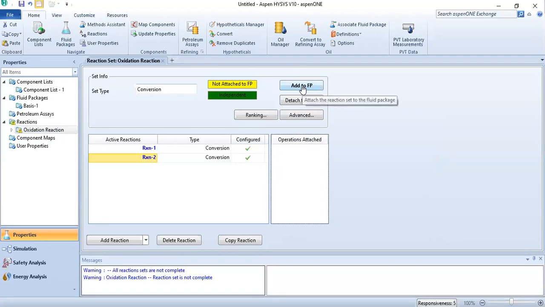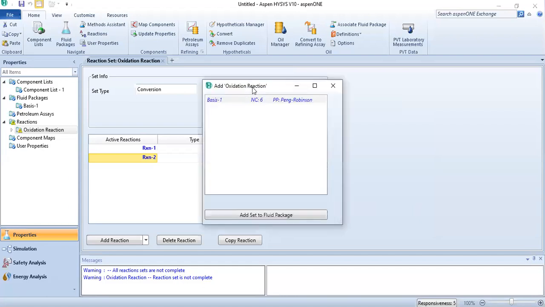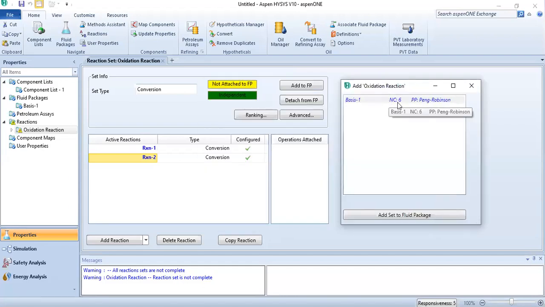Next, after selecting the ranking, you will just add the fluid package. See the component here. Basis NC, NC means number of components, that is 6, which we have taken inside this component list.